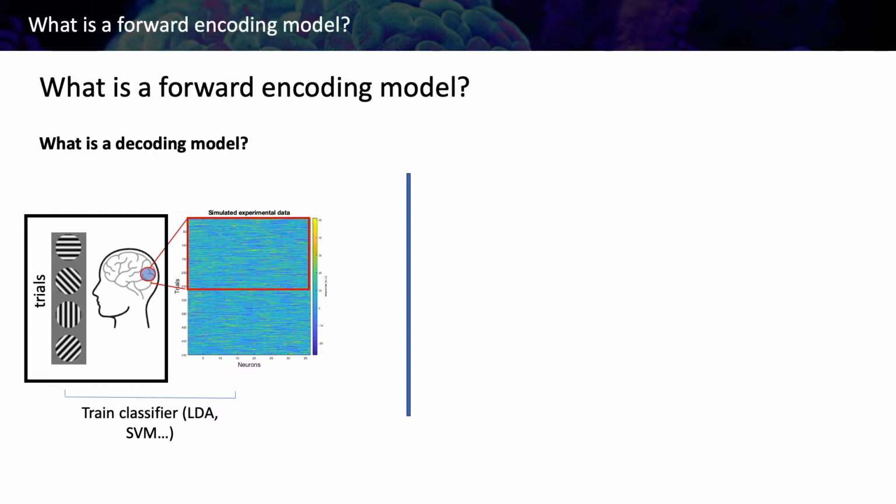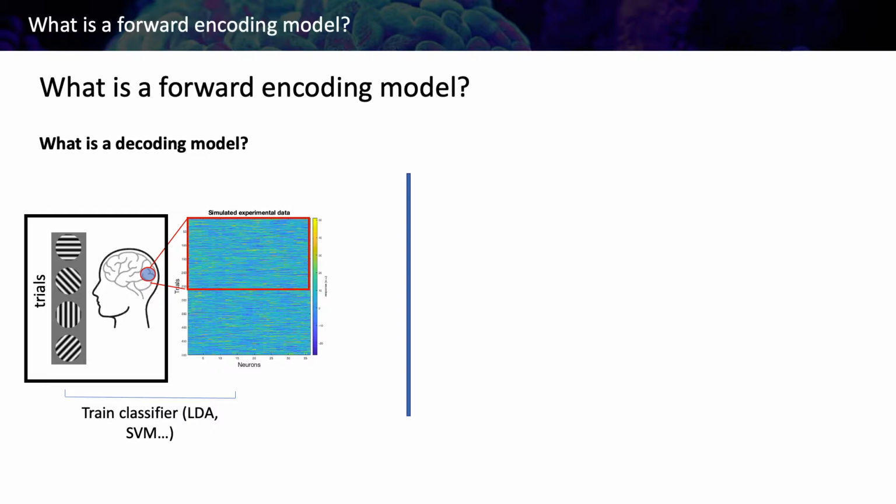To understand what an encoding model is, first we will remember what a decoding model is. As you probably know, after doing this course, you have learned that to test a classifier, which is a kind of decoding model, what you have to do is to present a participant with different stimuli, then you record activity from a part of the brain that is interesting for you, and then you train one of the classifiers to maximize the difference between the different classes that you want to classify later on.